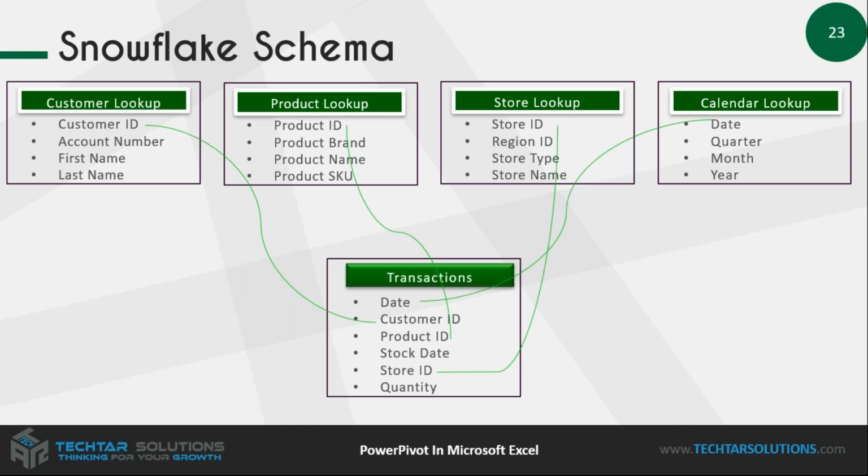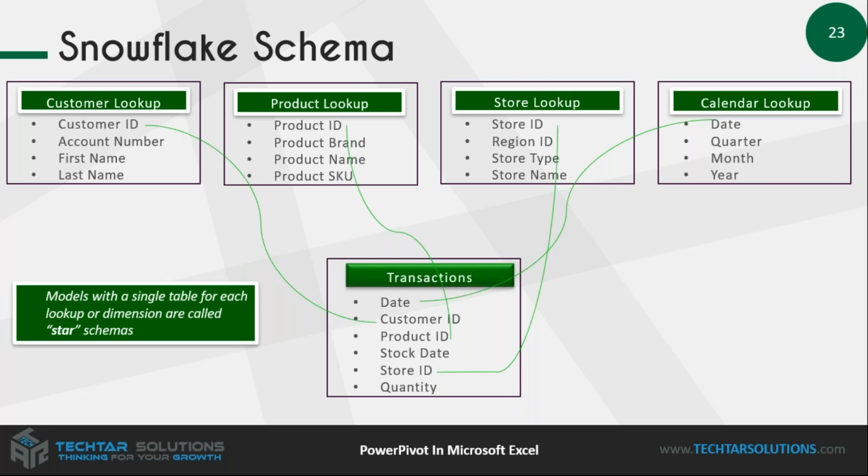This approach is very common and suitable for a star schema or top-down schema. When we want to connect lookup tables, or create relationships between lookup tables, this type of schema is known as snowflake schema.